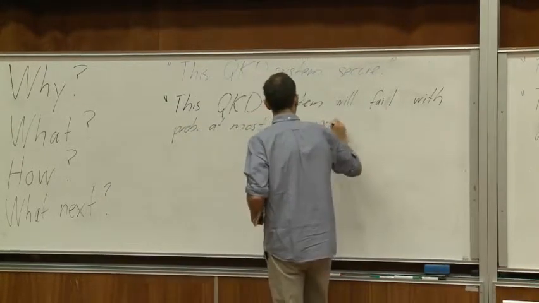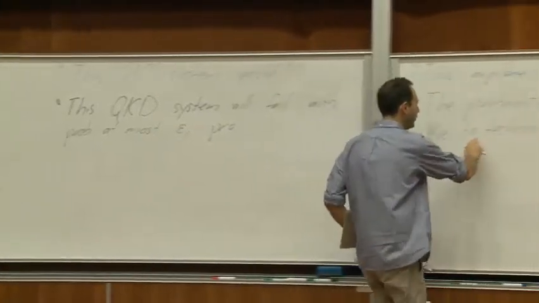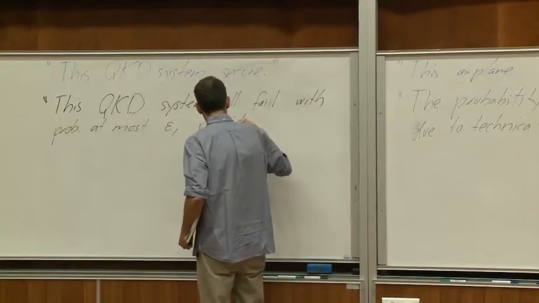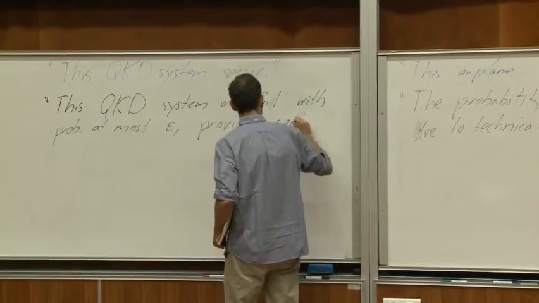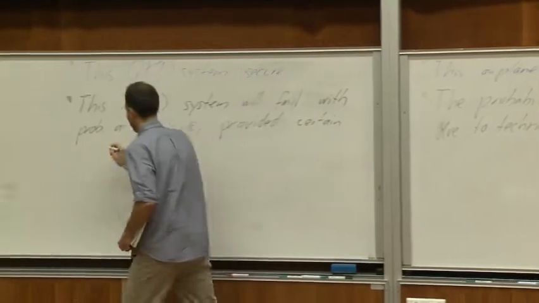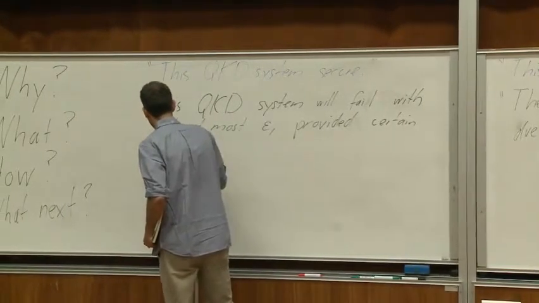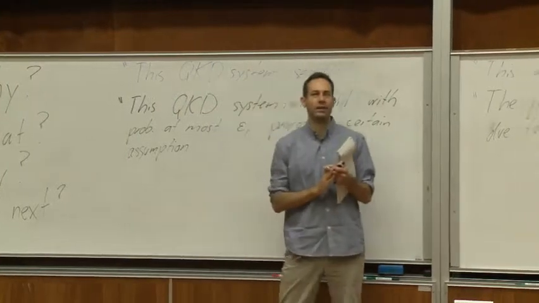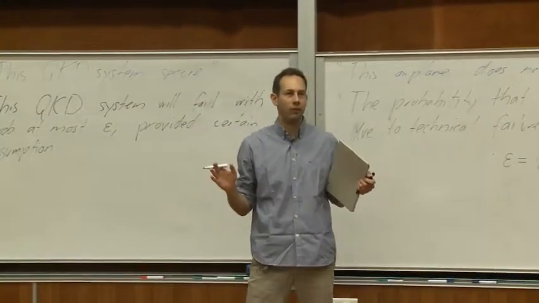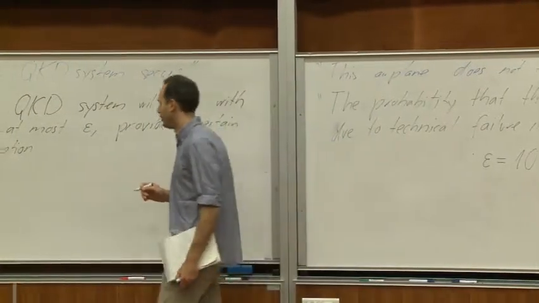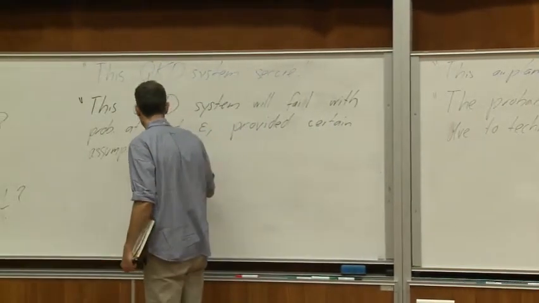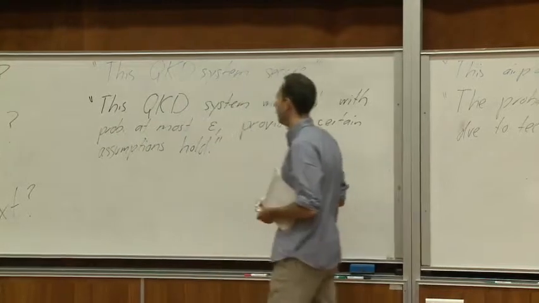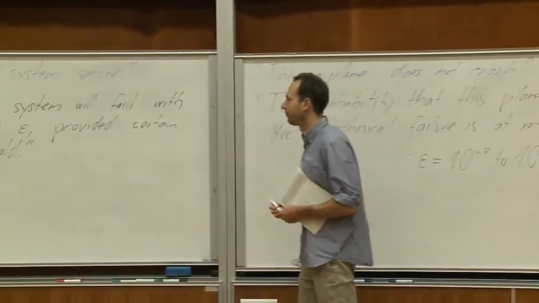And here also, in the same way as I said here, due to technical failure, I have to be a little bit more general: provided certain assumptions hold. And the assumptions will be assumptions about, for example, what are the constraints about the adversary, what is the adversary allowed to do, and so on. So this is the type of statement we would like to obtain.